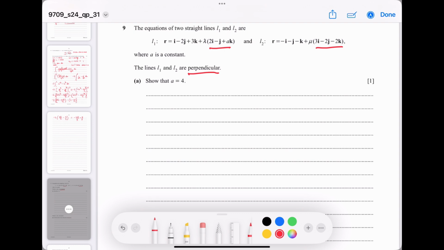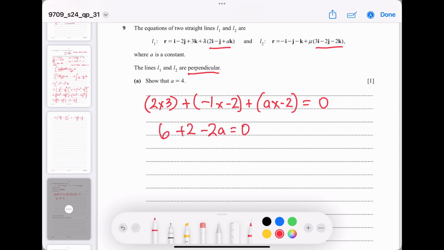So that means we've got 2 multiplied by 3 plus negative 1 multiplied by negative 2 plus a multiplied by negative 2 would equal 0. 6 plus 2 minus 2a is equal to 0.